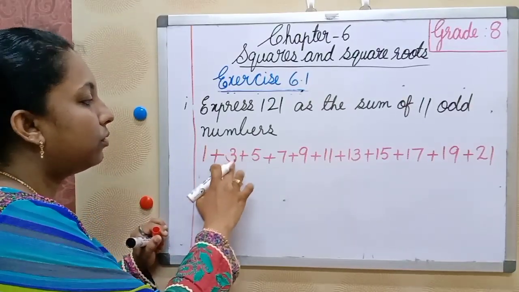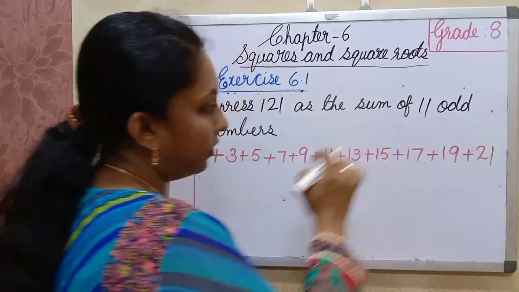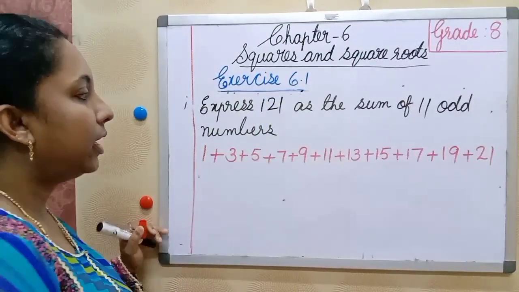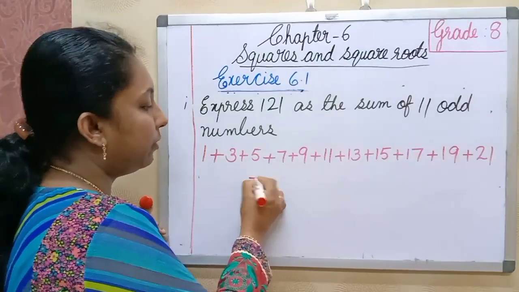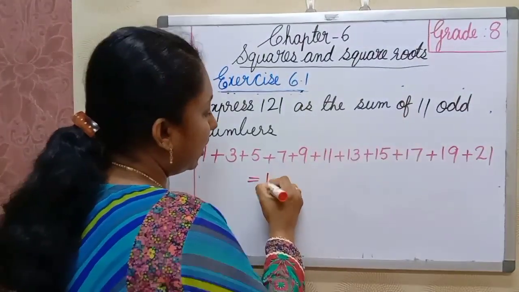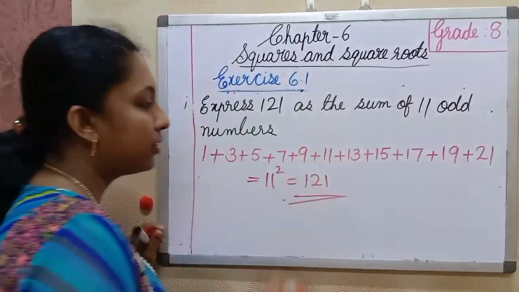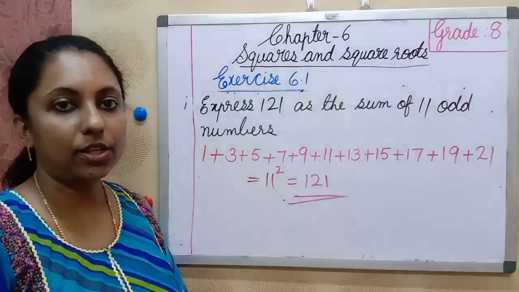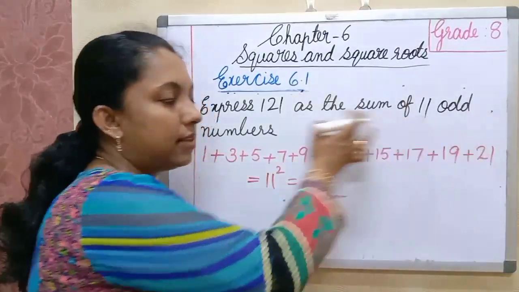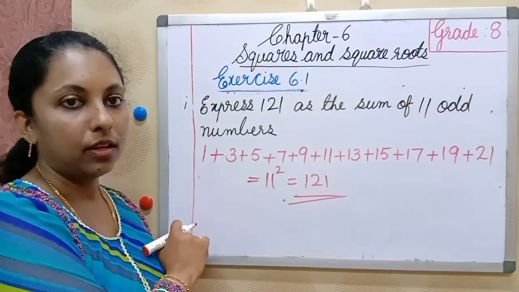That is 1, 2, 3, 4, 5, 6, 7, 8, 9, 10, 11. So 11 numbers, we can use the equation, that is n square, 11 square. 11 square is 121. So it is correct. You can add these numbers and check whether it is correct or not.